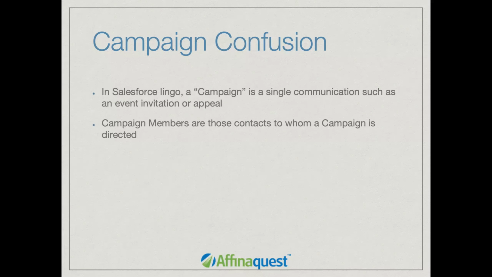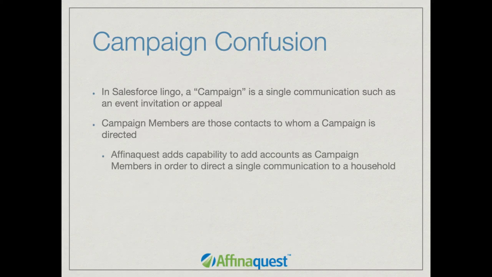You all probably know that campaign members are those contacts to whom a campaign is directed. And then Affinequest also adds the capability to add accounts as campaign members in order to direct a single communication to a household. So when you create a campaign, if you create it as an account campaign, then an account will only appear in one campaign member row.